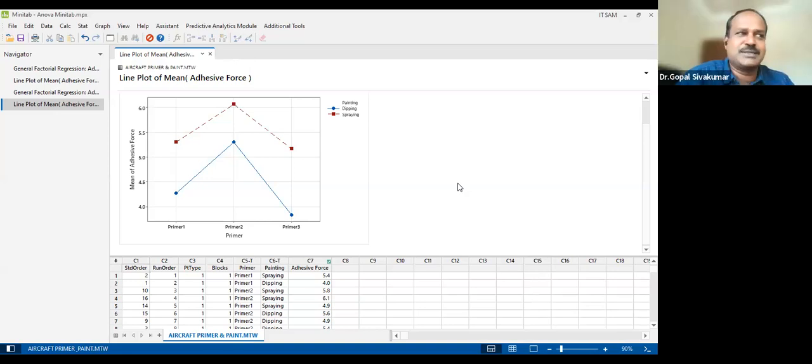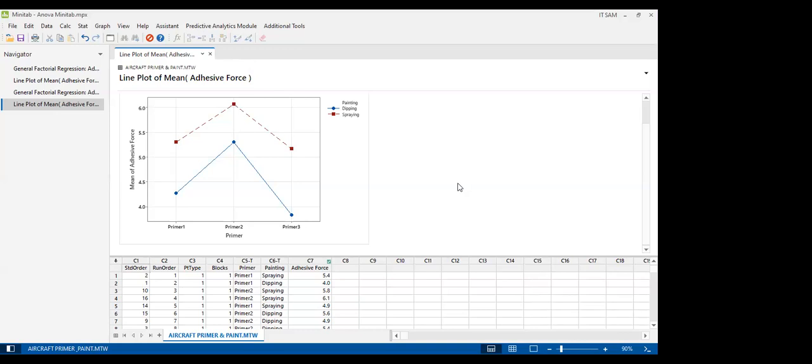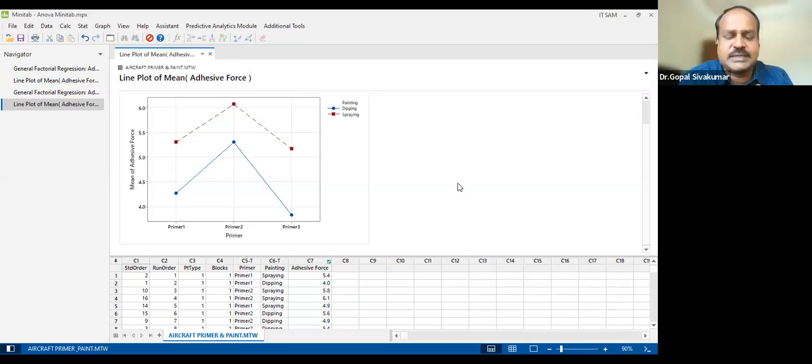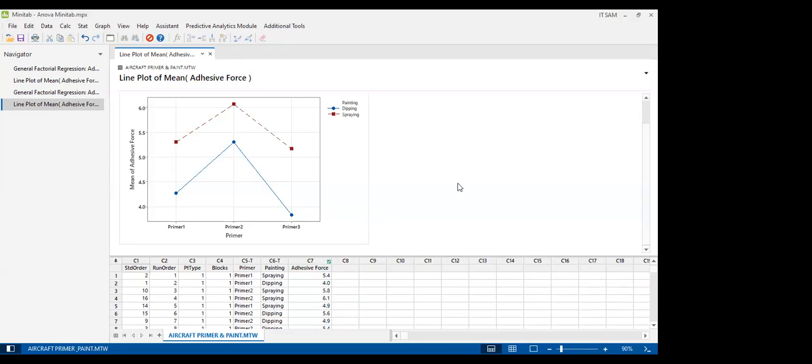So that's why process knowledge and some subject matter expertise is required. If you know some idea about the process, you can carefully choose your range of investigation. The range has to be narrower, narrower is better.